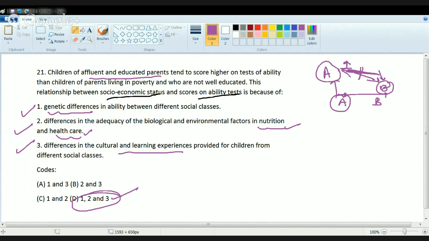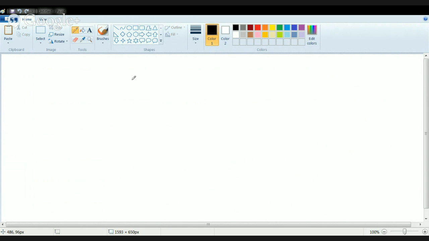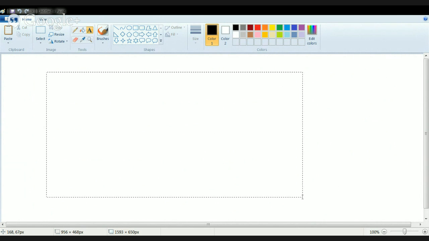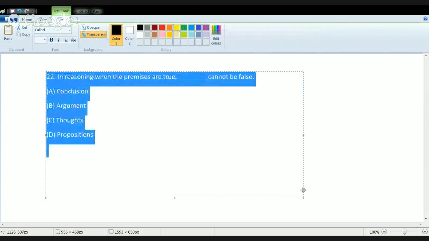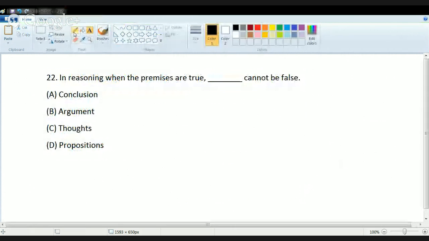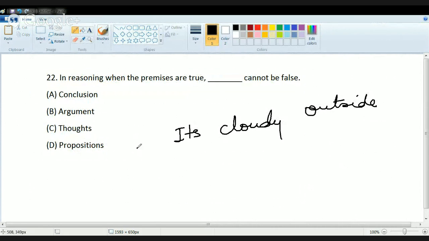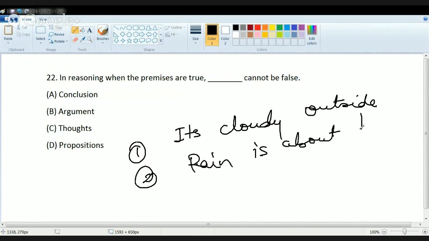The next question is about premises in reasoning, where I'm talking about two statements and both of them are true. For example, it's cloudy outside, that's my first statement. The next statement is rain is about to come.